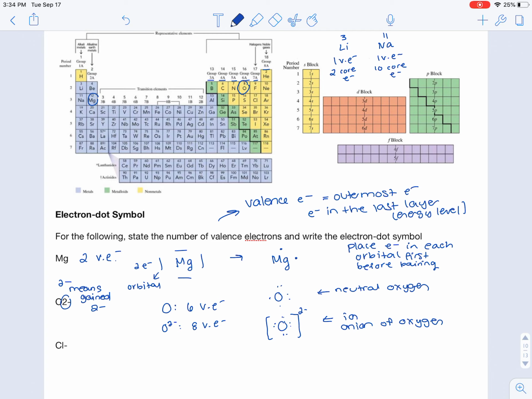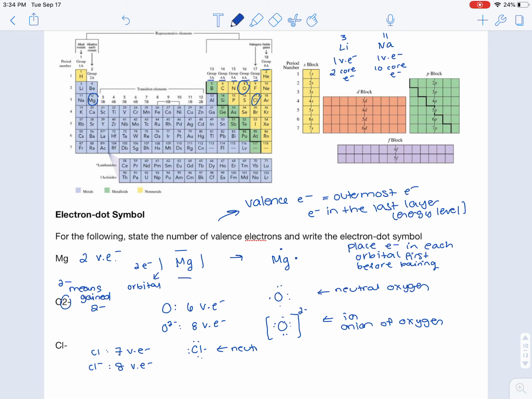Now looking at chlorine, same idea. Chlorine is in group 7. So regular chlorine has 7 valence electrons. Chlorine minus has therefore gained 1 and has 8 valence electrons. If I then want to show the dot symbol for chlorine, I have Cl, 1, 2, 3, 4, 5, 6, 7.